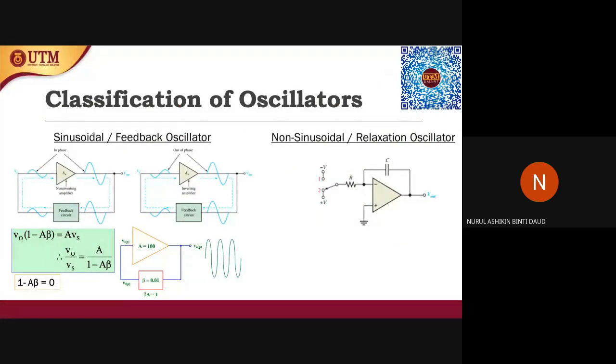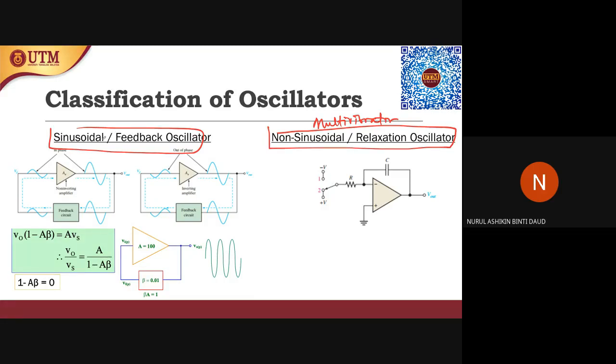I've mentioned earlier that we have the sinusoidal oscillator, and also the non-sinusoidal, also known as the relaxation oscillator, and also known as the multi-vibrator. It has many names. For the sinusoidal one, it is also known as the feedback oscillator and the harmonic oscillator, because the waveform is harmonic.